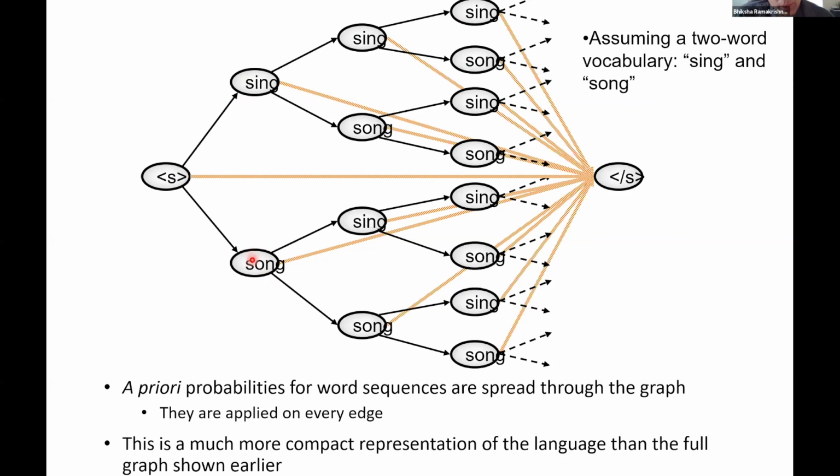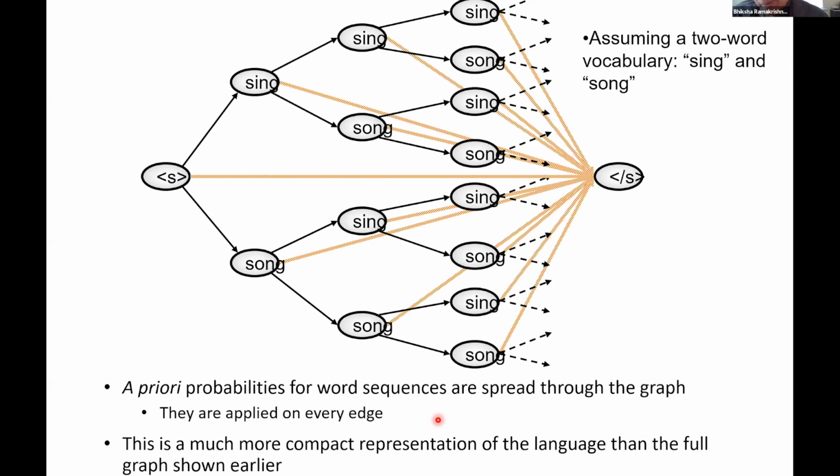Then the second word could be either sing or song, so you could have song sing or song song, or you could have sing sing or sing song, right? And so this whole thing is a tree. This is my graph. If I want to recognize natural language, I'd be building models for all of my words and building this graph, but this graph doesn't help. It's still infinitely big.